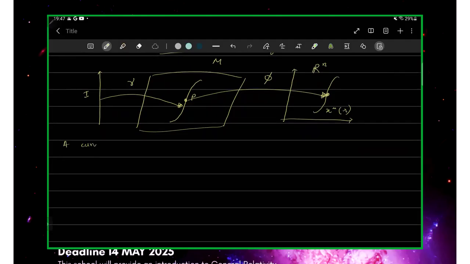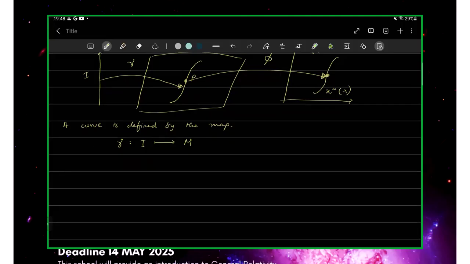A curve is defined by the map gamma, where gamma takes points from I, which I wouldn't call a space, but maybe a one-dimensional space, to M. Since this is one-dimensional, I can just think of it as an interval, where I is an open interval on R. This basically means that each point along this curve is defined by this particular map.